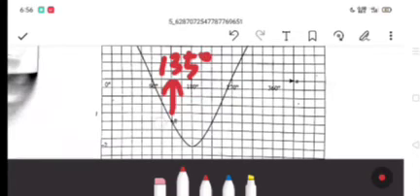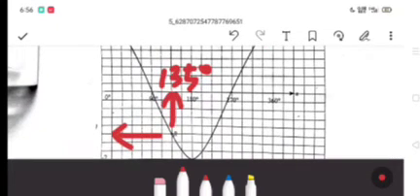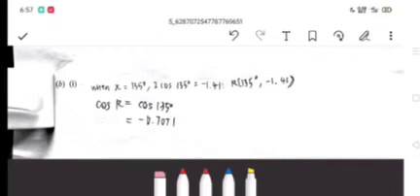And we look to the y-axis. This point is difficult to see, so we use the formula of this graph to find the y value. When x is 135 degrees, y equals 2 cosine x, so we substitute x equals 135 degrees into the formula, and we get y is negative 1.41. So the coordinates of R are 135 degrees and negative 1.41.